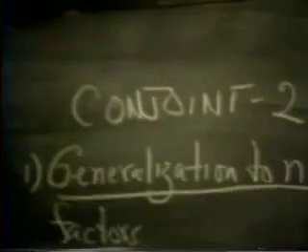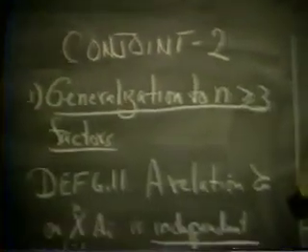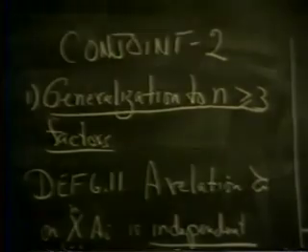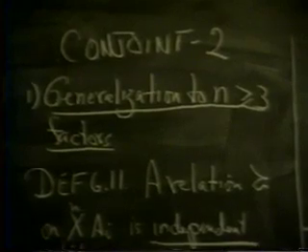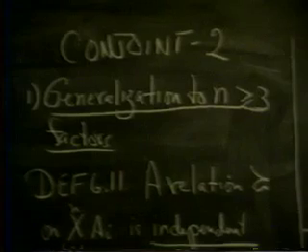Let me try and describe the situation with n factors. The first thing we have to do is introduce the definition again of independence when you have more than 2 factors. And there are two ways one can think of doing it, and I will present one of them.